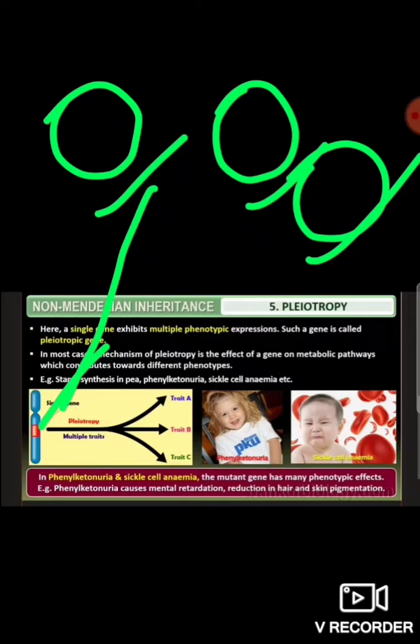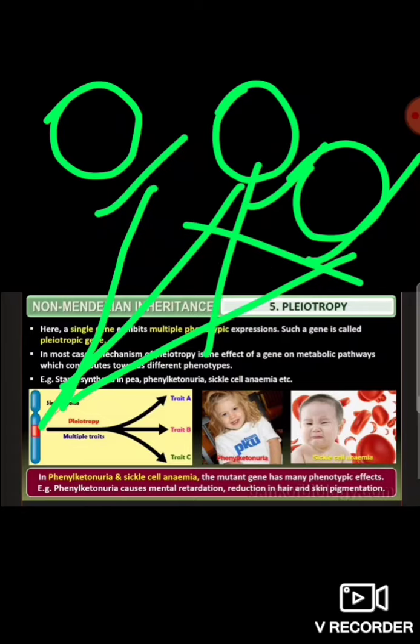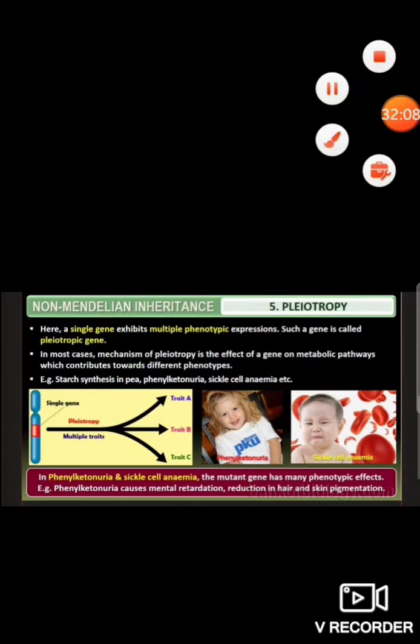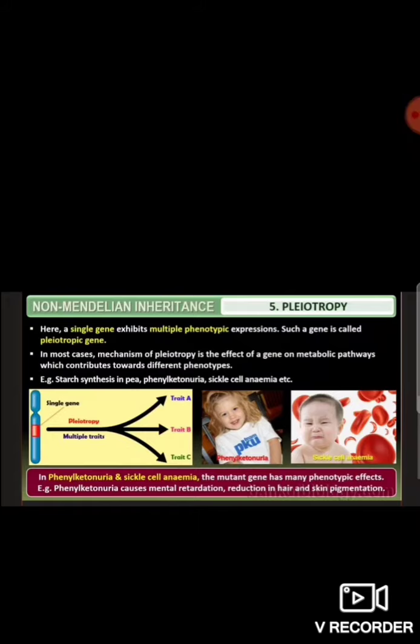What will happen? All the dishes will spoil. Like that, a single gene has importance in many characters, producing many traits. If that gene is defective, the expression of all the phenotypes will be affected. This we call a pleiotropic gene.